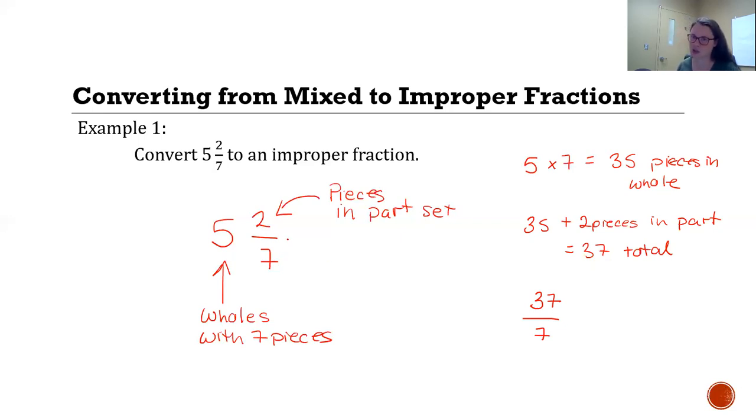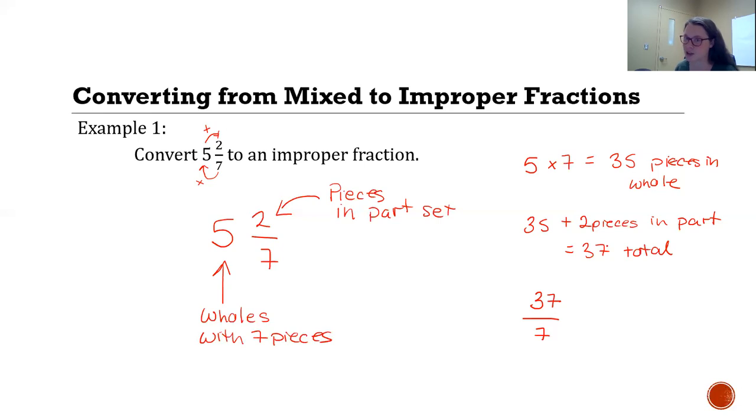Now, I do have a little trick for solving these ones. Mathematically, and it works every single time, you are going to end up taking your denominator. You notice we took the denominator and multiplied it by the whole number. Then we kept going and added on the pieces for the fraction.